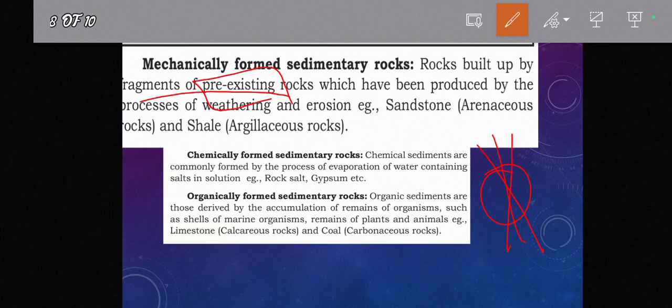Sunlight hits it and sea waves hit on it, it breaks down into small parts of rocks, and that is called mechanically formed sedimentary rock.